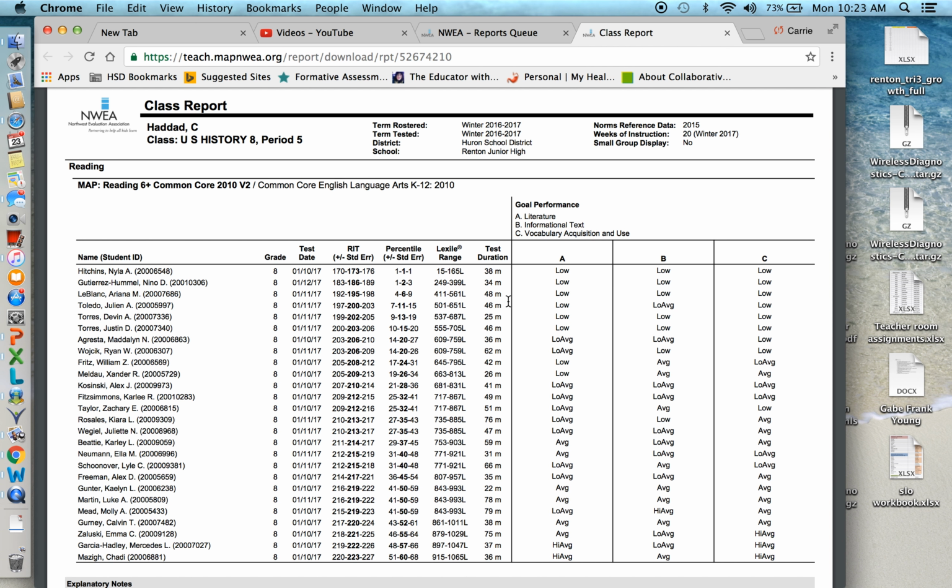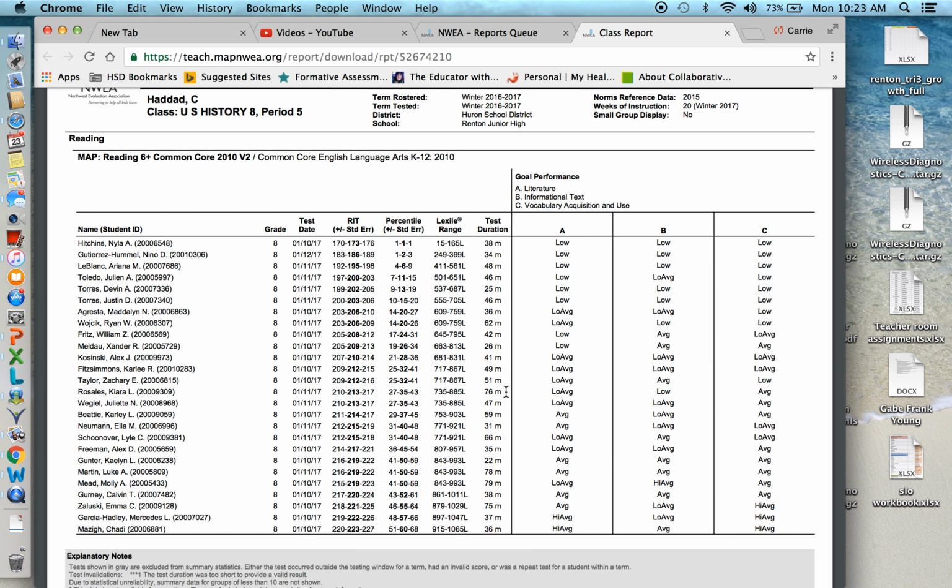The test duration is also, for those of you that don't give the test, probably important to look at as well. There's about 40 some questions, and you would expect or hope that the students would take a little more than a minute a question. So when you have someone that is taking the test in 31 minutes, you know that they probably did not necessarily use their best effort.